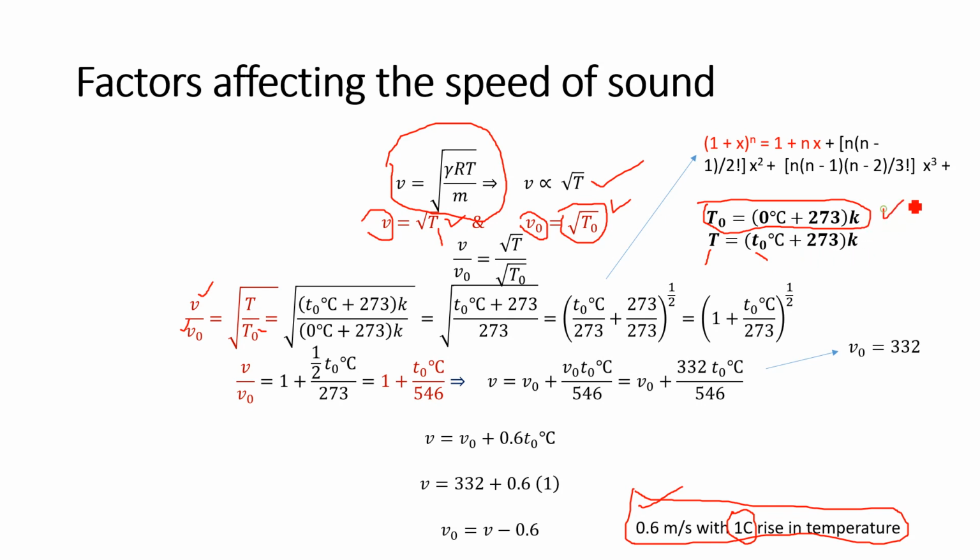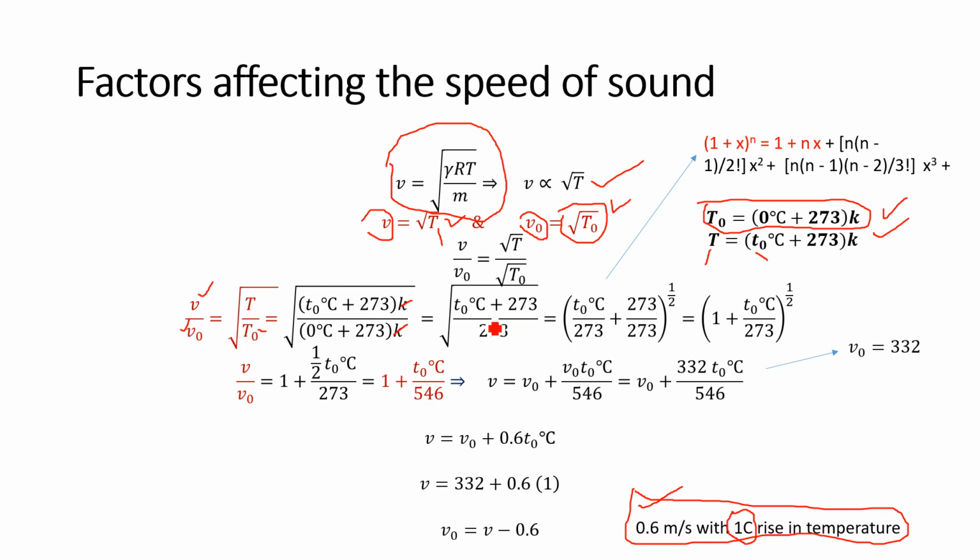Now substituting these values for T and T naught in this equation and solving, we will get t degree centigrade plus 273 divided by 273 Kelvin. Now this Kelvin will cancel out with this Kelvin, and the 0 degree centigrade we do not need to write, so we will have the equation t degree centigrade plus 273 divided by 273.